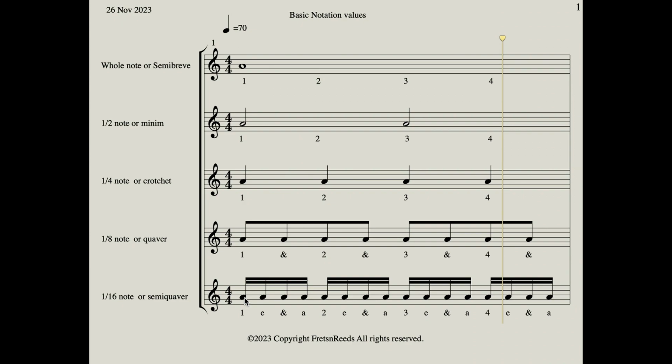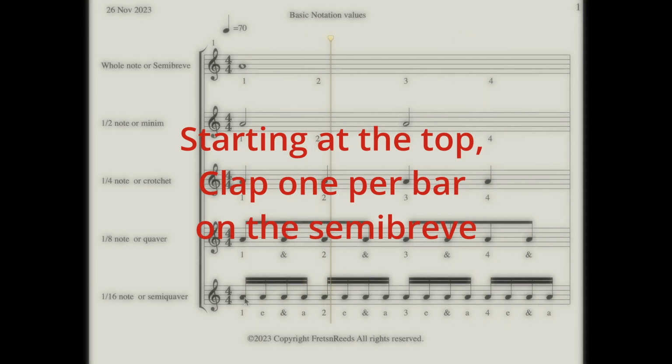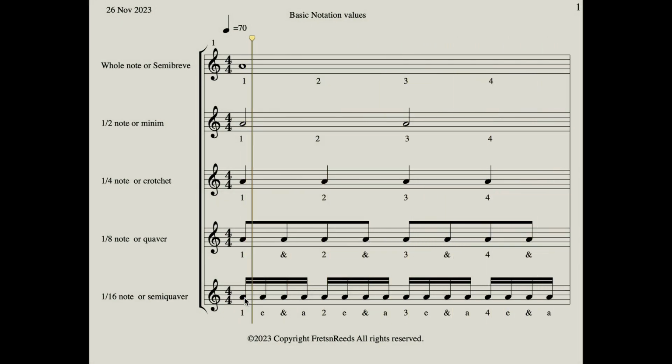If I change these to claps, let's have a look at claps. So this will be our clap. This is a good way to learn your timing. You clap the beats. Now we move on to 2 beats. Are you clapping? Clap and clap.